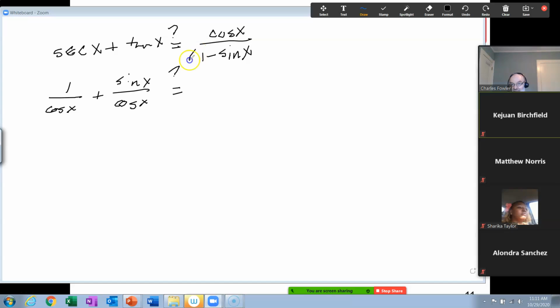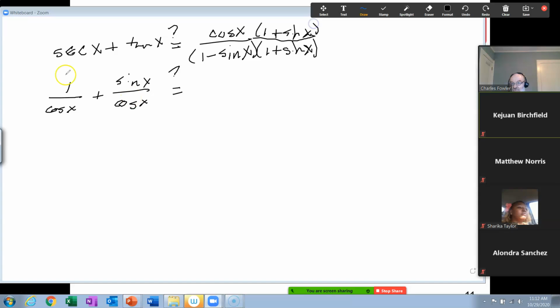Well, this side we have one of those conjugates down here, so let's multiply it through by 1 plus sine x. But if you multiply the denominator by that, you must also multiply the numerator by that, 1 plus sine x. The pen is not writing well at all.